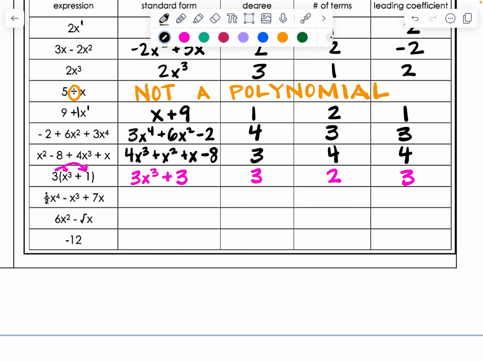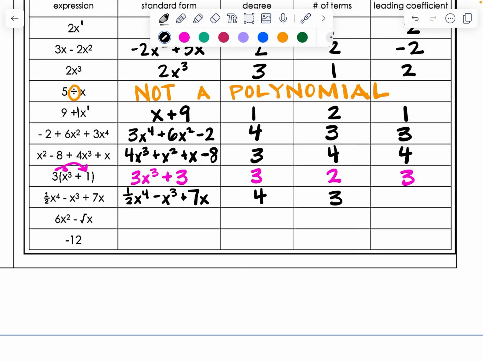All right, this next one looks a little different. It just has a fraction as a coefficient, which is fine. So none of the rules change. This is already written in standard form because the highest exponent is first, and it goes in descending order. There are 3 terms.